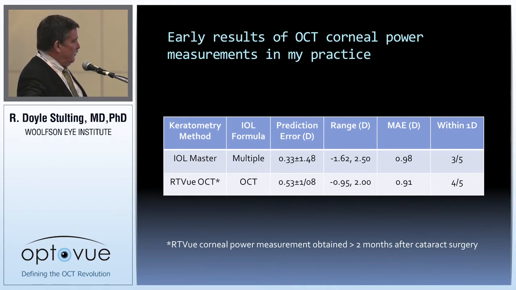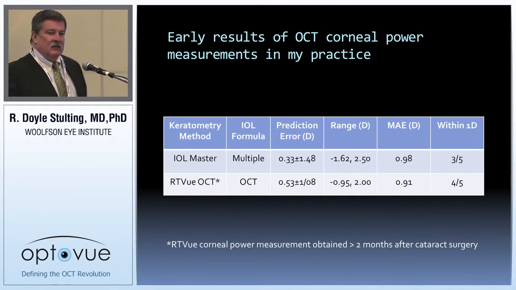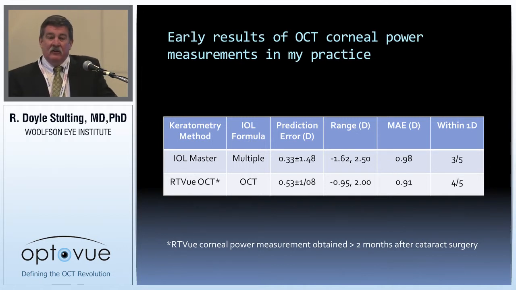So I look forward to collecting more data to verify the advantages, but I can tell you one huge advantage right at the start, and that is it's a whole lot faster, and it appears to be much more accurate as well. So confirming the findings reported in the Wang paper, it looks like this is going to be a welcome addition to our armamentarium for taking care of these difficult patients in the future.